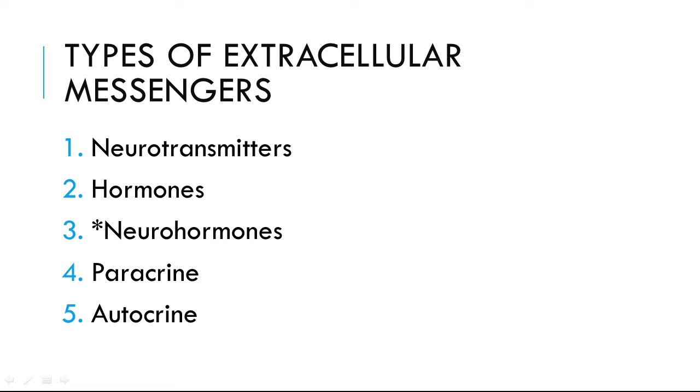Neurohormones has an asterisk because I don't think it's fully addressed as its own type of classification here. It's a conglomerate of a neurotransmitter and a hormone. Paracrine and autocrine signaling we will also just introduce, but we really won't give any examples other than characterizing them.